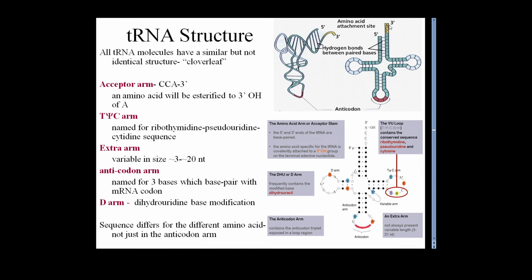And two loops, one of them is the dehydrouracil loop, the D-arm, and the other is the so-called pseudouridine loop. And sometimes a more or less long variable arm may be present.